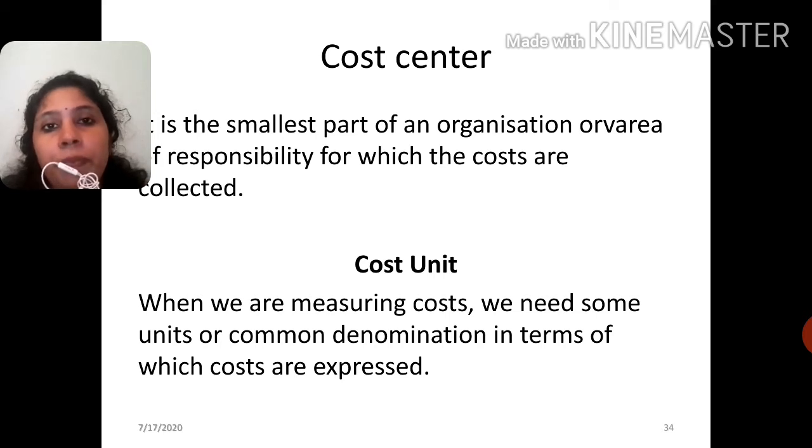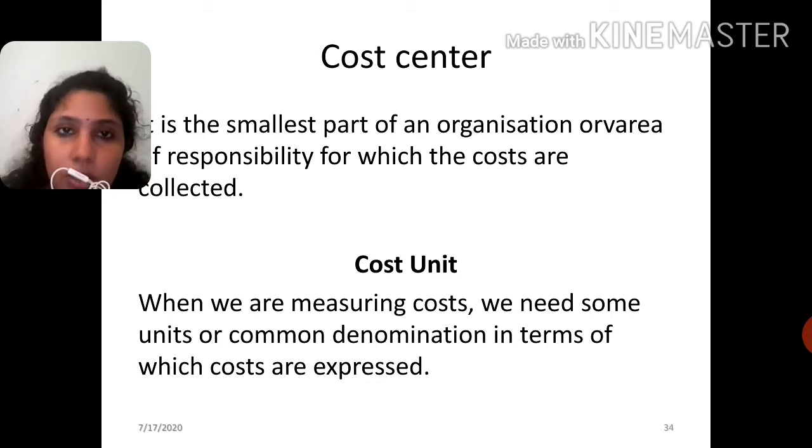In the case of a manufacturing concern, there are different departments: production department, service department, purchase department, administration department, selling department, etc. So consider one department for the cost calculation, and we can ascertain that particular department's total cost involved for the production.